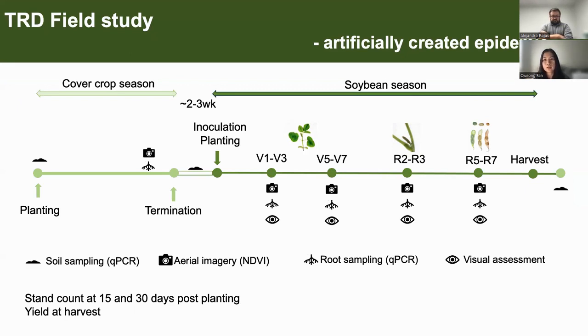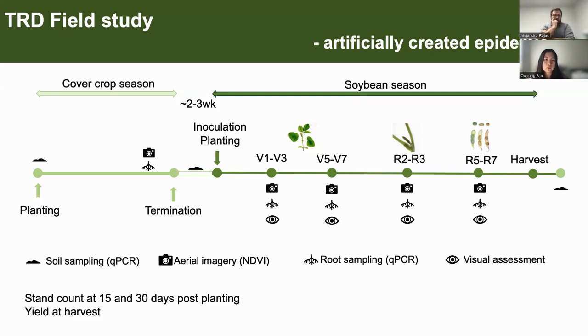Towards the end of the cover crop season, we take aerial images and sample the cover crop roots for assessing the growth condition of the cover crops. Termination was conducted in mid-April by chemical killing, and the soybean season starts roughly 2 to 3 weeks after the termination of the cover crop.